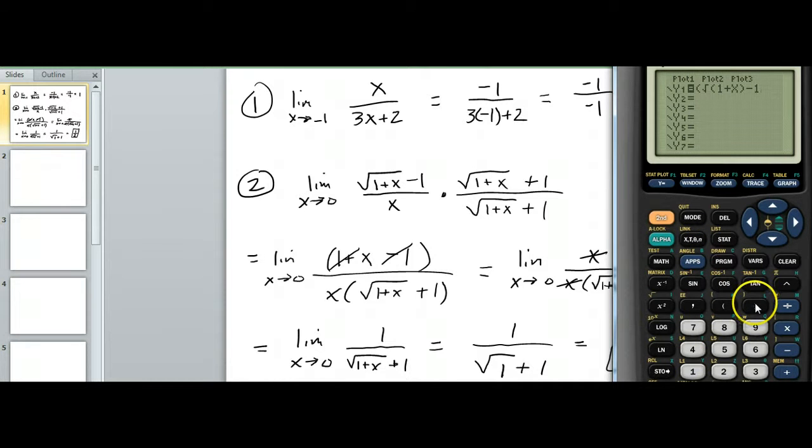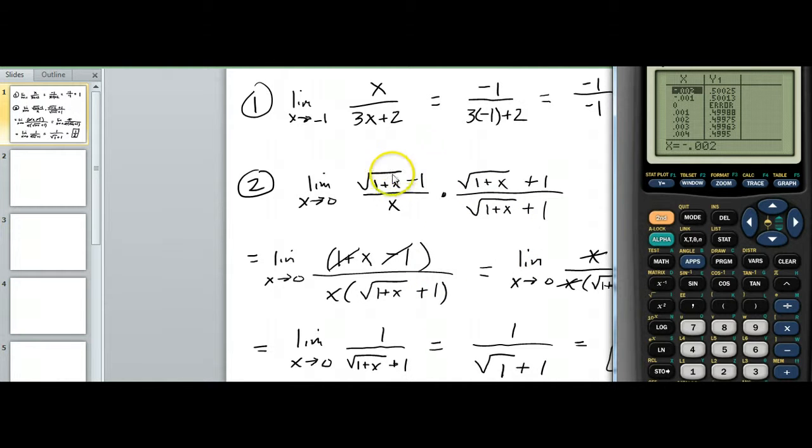I'm doing the original expression divided by x. Go to your table set. Tell the table to start at the trouble spot, the place that we're evaluating the limit, and tell your delta table to be something relatively small. And then look at your table, and you can see that we are approaching 1/2 on the left and right. So you could have done this with your table as well.